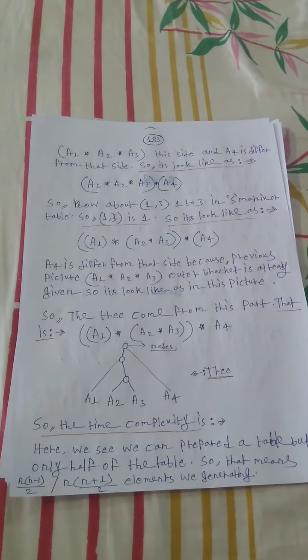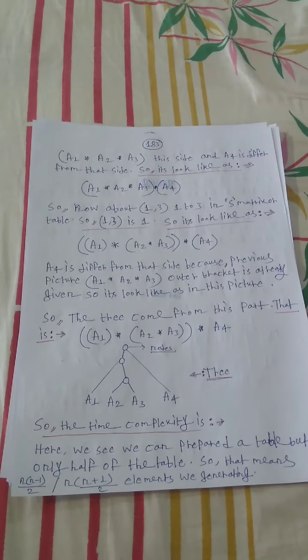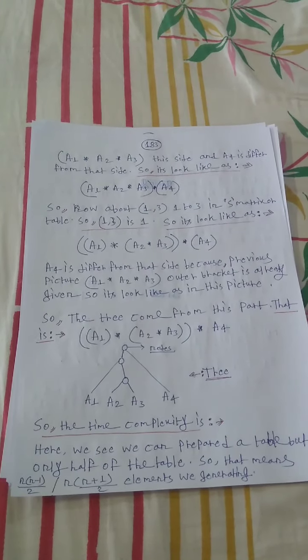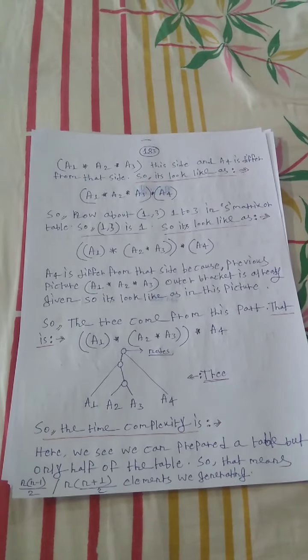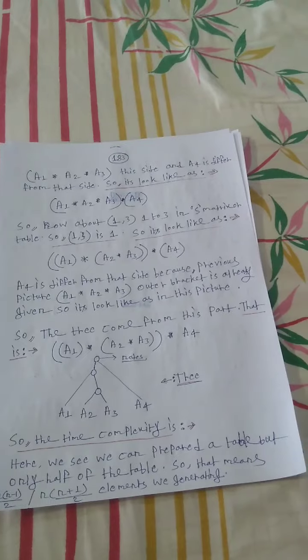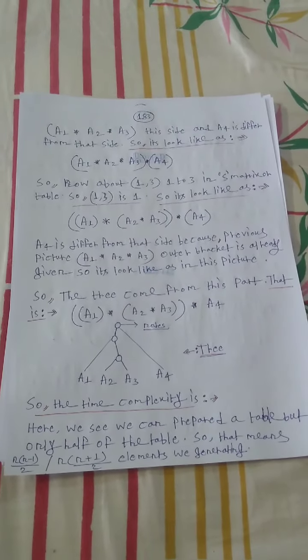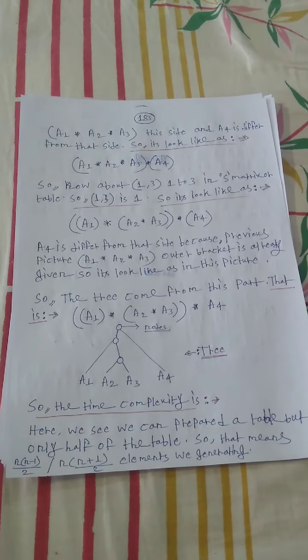Now for 1 comma 3 in the S table, it is 1, so it looks like a1 is separate from a2 into a3, and a4 is also separate from a1 into a2 into a3. So the tree from this part is like that.